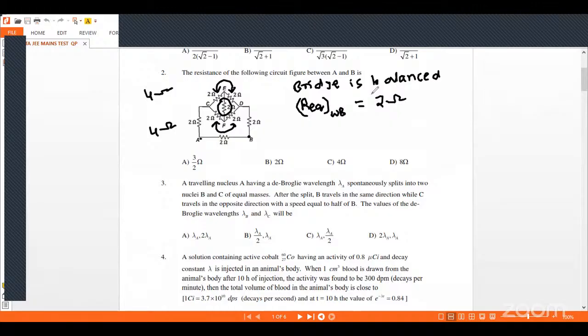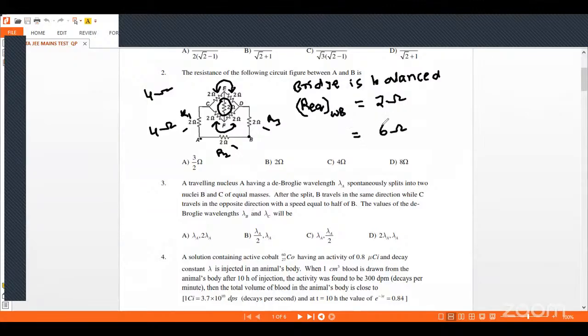Okay, is it okay? And then next, you can see we are having these resistances, suppose R1, R2, and R3. All three resistors are in series, so we can say it is 6 ohm.